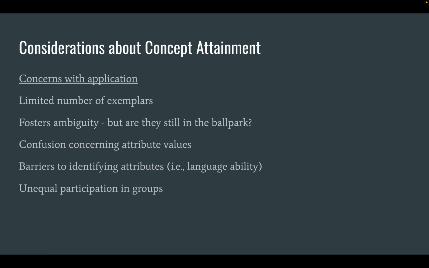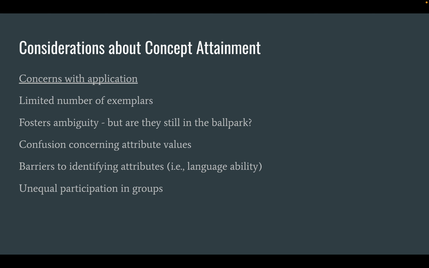So with the application of this model, there are several considerations. One is that in the way that the model is presented in Models of Teaching, the teacher uses several different exemplars, in some cases upwards of 20 or more.